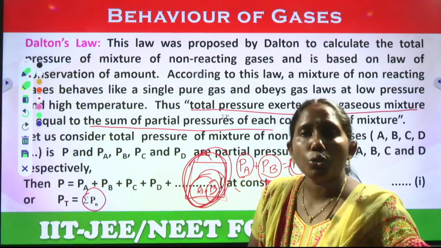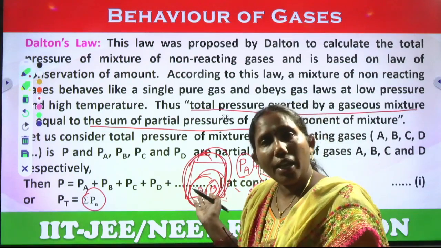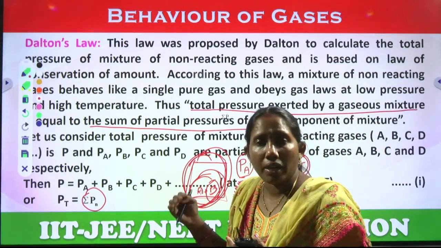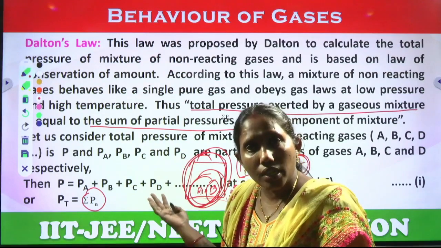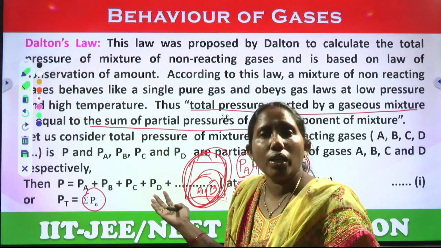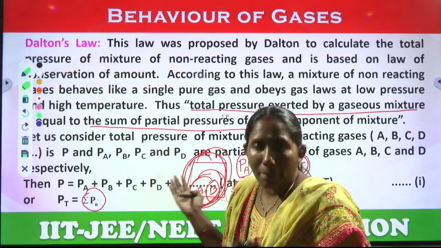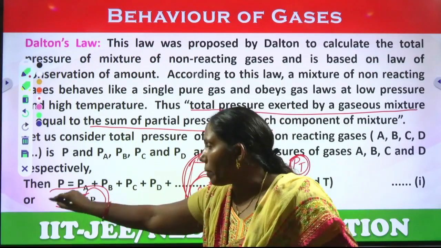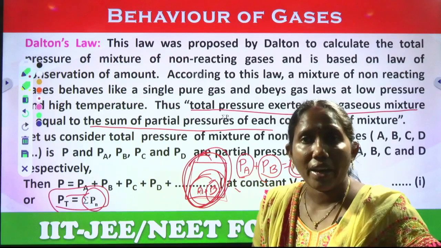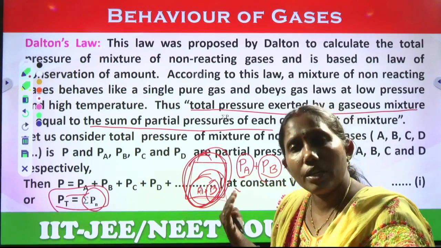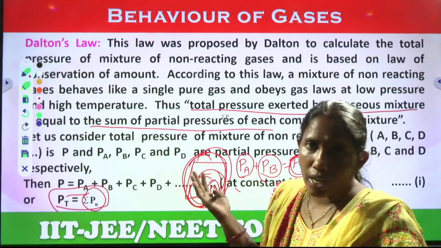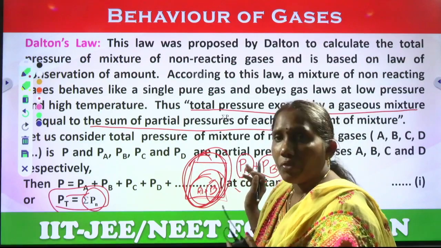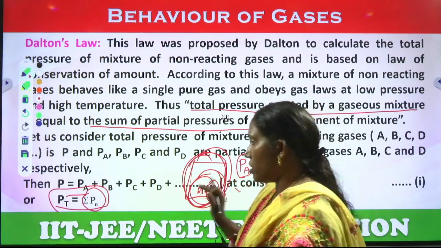Not only two components, A and B, you can take so many components, but the total pressure exerted by the container will be equal to the sum of its individual pressures. Sigma indicates addition, and Pn means you can take any number of gases. So this is Dalton's law of partial pressures, right?